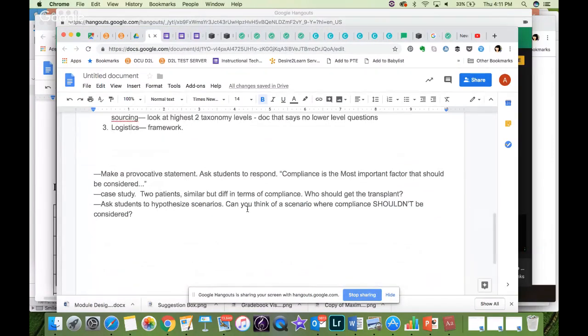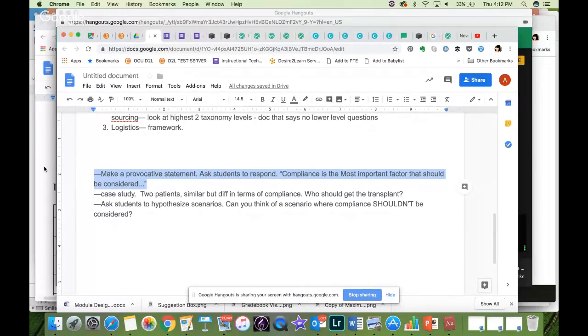As for options to evoke a little bit of conflict with this, obviously you don't want to bring out a brawl. But make a provocative statement and ask your students to respond. Ask them if they agree or disagree with a statement like, compliance is the most important factor that should be considered in this circumstance, or compliance shouldn't be considered.